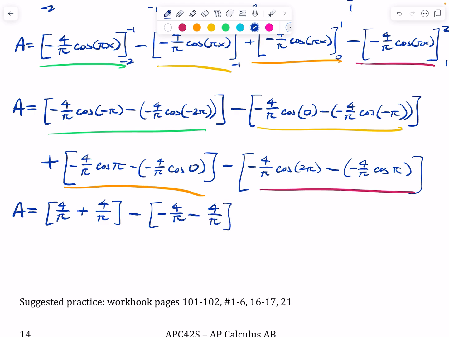One thing super worth noting about the rest of these sums: there's a lot of similarity. We have 4 over pi plus 4 over pi. If we distribute this negative, this also becomes 4 over pi plus 4 over pi. And because of the symmetry of sinusoidal functions, you are going to notice that every one of those 4 areas that we're finding, we were looking at the area under sine x, or a transformation of sine x.